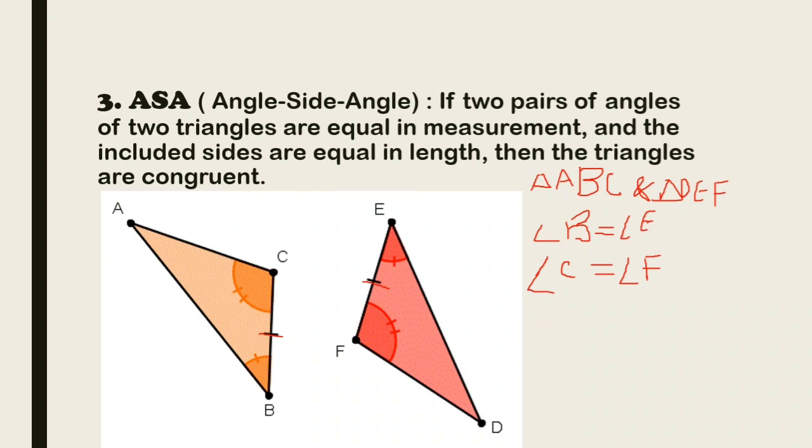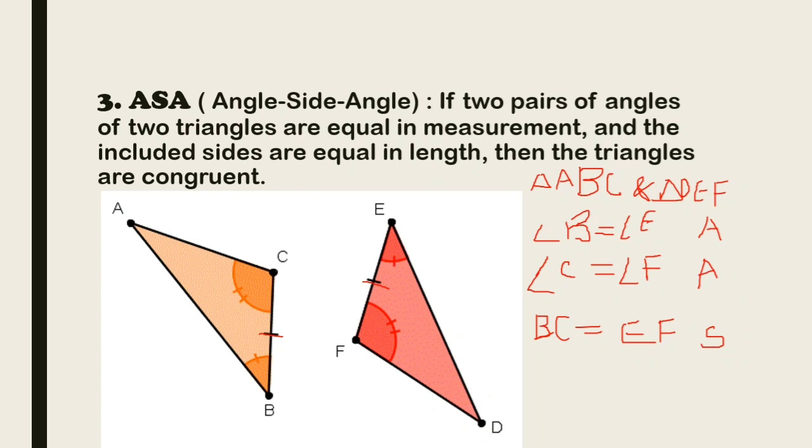Side BC is equal to side EF. And thus we can say that these two triangles are congruent by ASA congruence test.